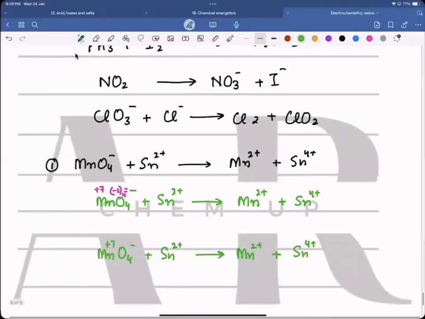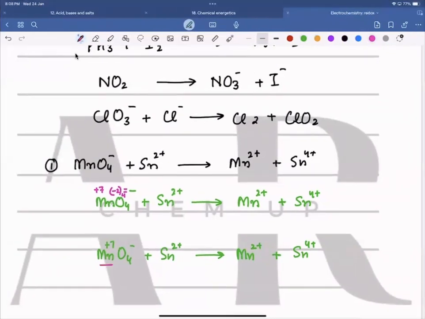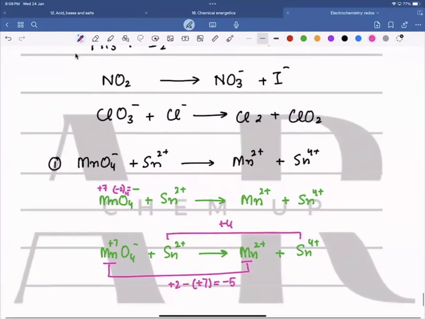So if you look over here, it's +7 and here it's +2. So the change in oxidation number over here is -5, and the change over here is +4 minus +2, so it is +2. Is this clear to all of you? Yes, sir.